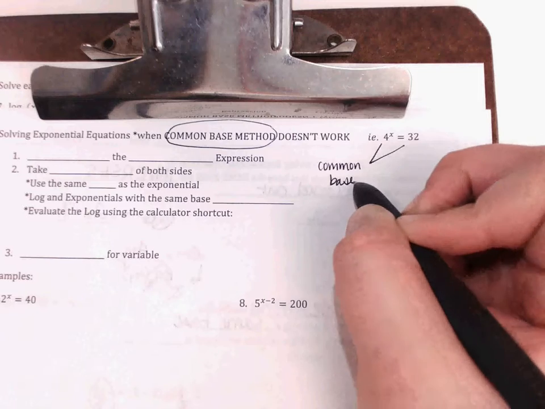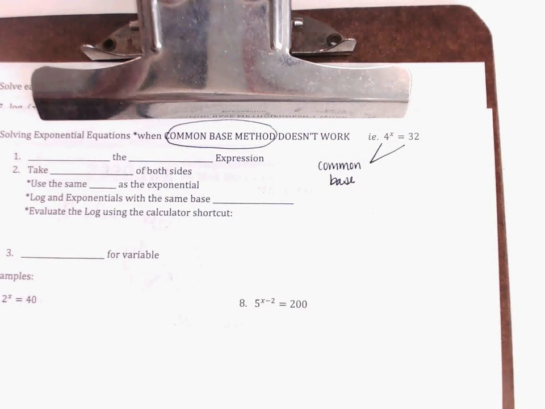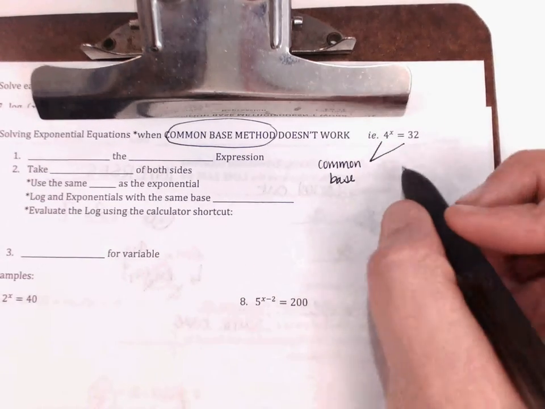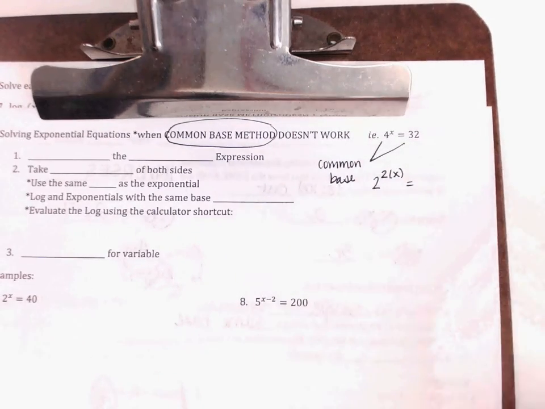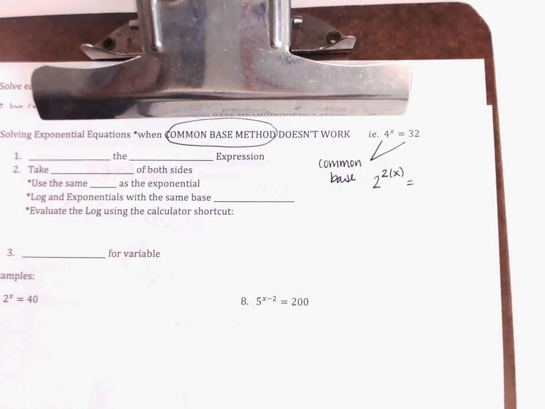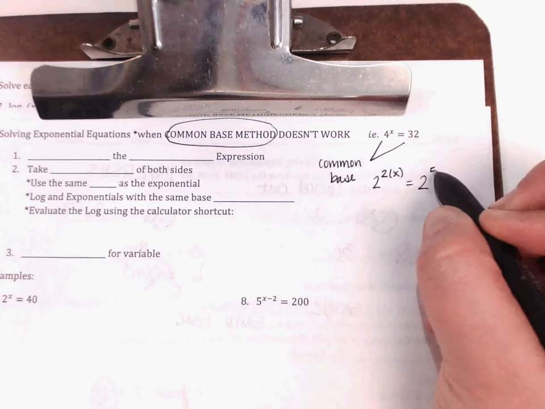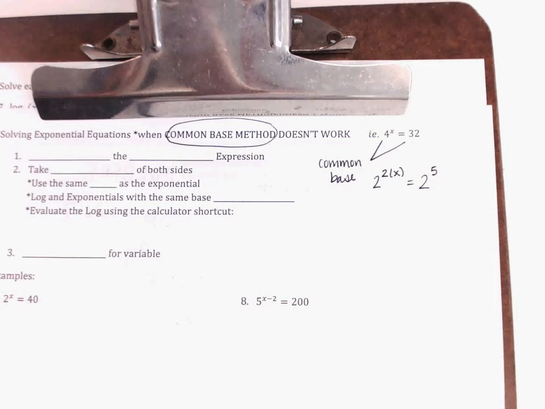Okay, so 4 to the 3 is 64. That's too big, but can I go smaller? What about 2? Can I write 4 as a 2? Yeah. What is 4? 2 to the 2, x left over. And then for the 32, that's a 2 to the 5. And then do you remember how you can cross the 2's out? Yeah?